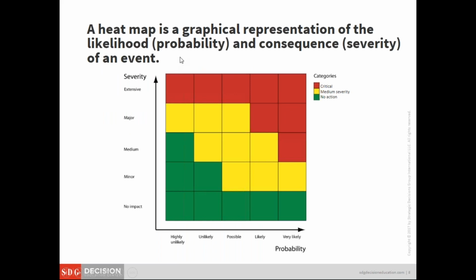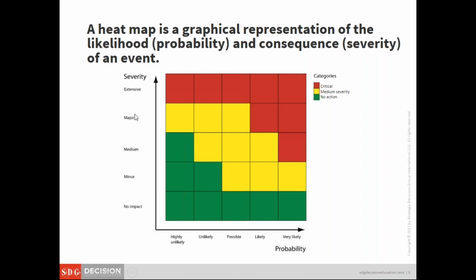So a heat map is a graphical representation of the likelihood or probability and the consequence or severity of some event. And so on this scale, I've shown the probability of some particular event. It could be highly unlikely, unlikely, possible, likely, or very likely. And then on this dimension, we have the severity. Potentially there's no impact, a minor impact, all the way up to extensive impact.